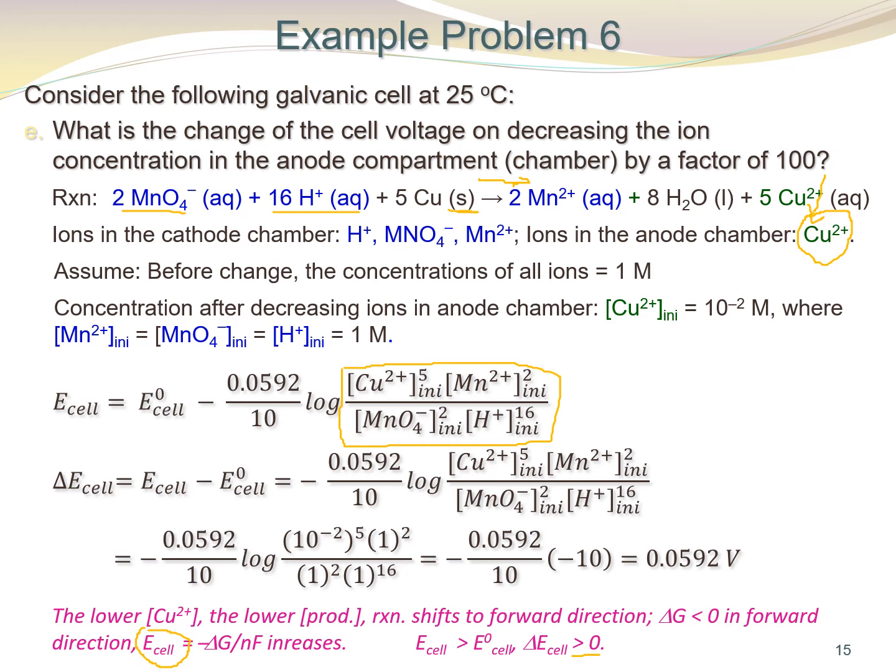So now we realize the voltage of the cell increases as equilibrium shifts in the forward direction. That is another way for us to recognize Le Chatelier's principle for a galvanic cell.